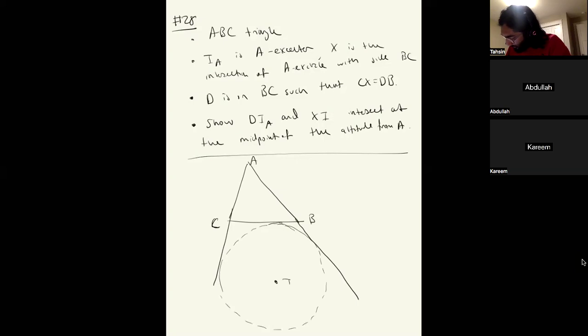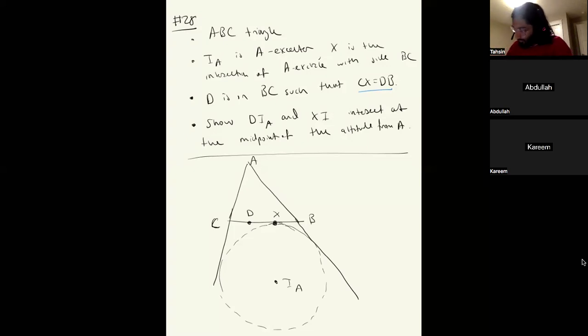So this is IA, and this is what they call X. And then there is a point D, which is here. And the key thing is CX equals DB, right? So they're reflections about the midpoint of CB.